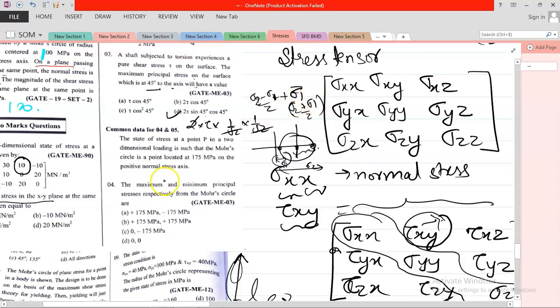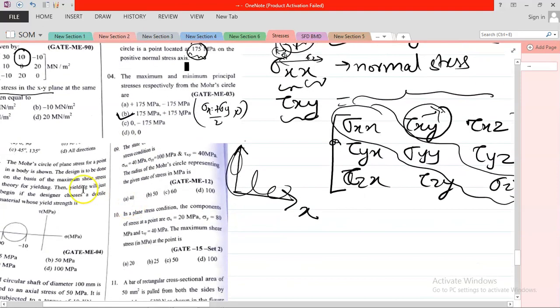So if you just put this value here, sigma 2 plus sigma 1, 175 by 2 or 175 megapascal, the answer is B. Your answer is B, because if you put sigma x plus sigma y by 2, this is your center location. So 175 plus 175 divided by 2, that is 175, your center location is 175. So you need to find in that way.